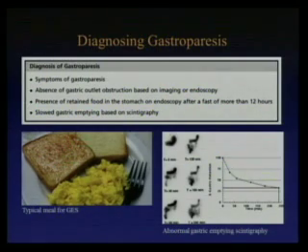If we perform an upper endoscopy on a patient and they have been fasting for 12 hours, yet we find food in their stomach on upper endoscopy, then that is a good suggestion that they have some degree of delayed gastric emptying and should raise the suspicion for gastroparesis. Consensus guidelines recommend that diagnostic testing be performed to confirm the diagnosis of gastroparesis, and we typically use scintigraphy to measure this.